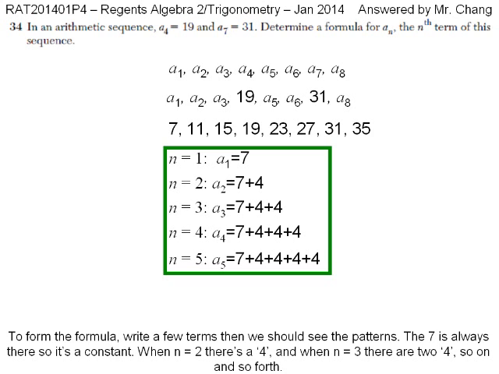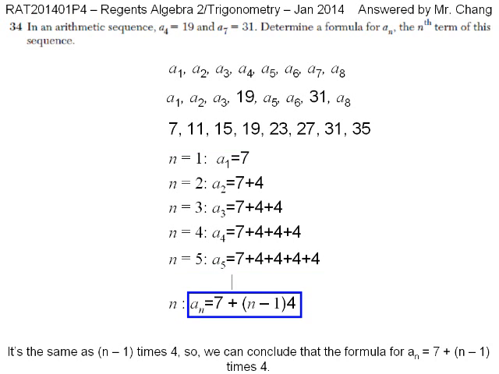When n equal to 2, there's a 4, and when n equal to 3, there are two 4s, and so forth. It's the same as n minus 1 times 4.